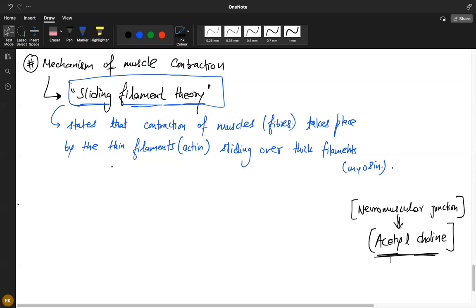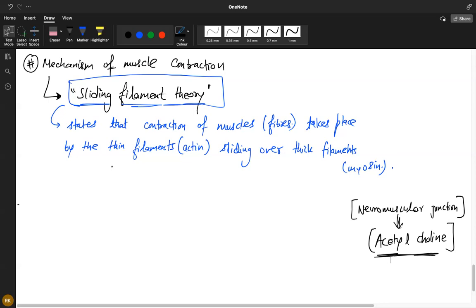In the synapse of that neuromuscular junction, the motor neurons will release neurotransmitters, chemicals. In this case, it will be acetylcholine. This release of chemical will generate action potential, which will spread throughout the membrane of the sarcolemma. Okay, throughout the muscle. Clear till here? Thumbs up.